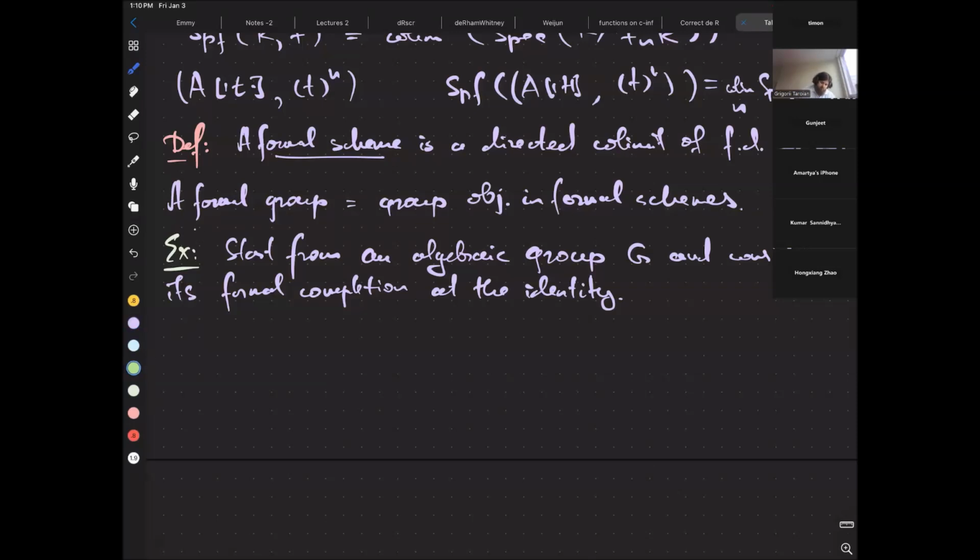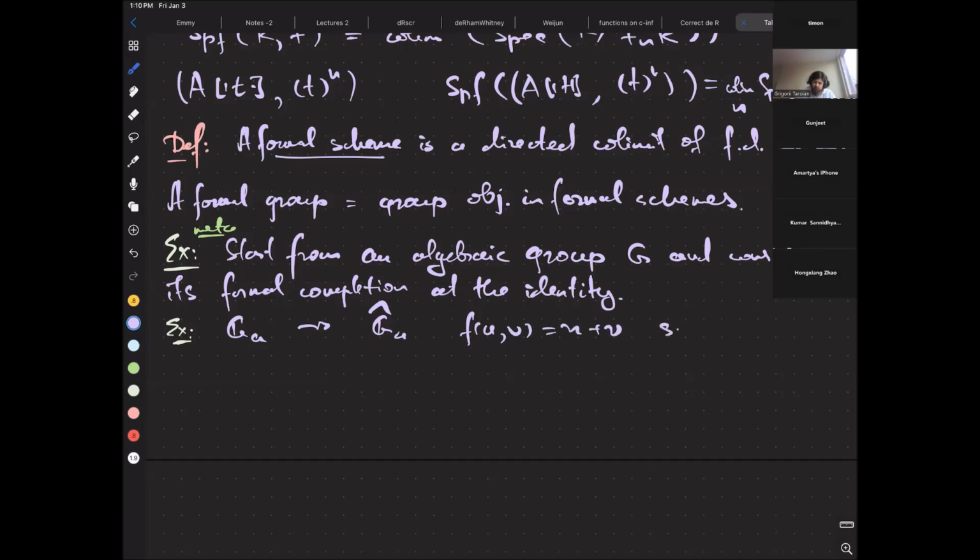So an actual example is that you can do this to, say, G_a, and this will produce for you the formal group G_a hat with the formal group law that corresponds to just taking a sum.